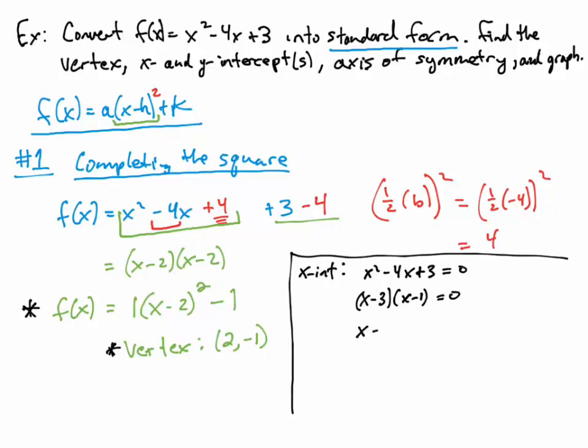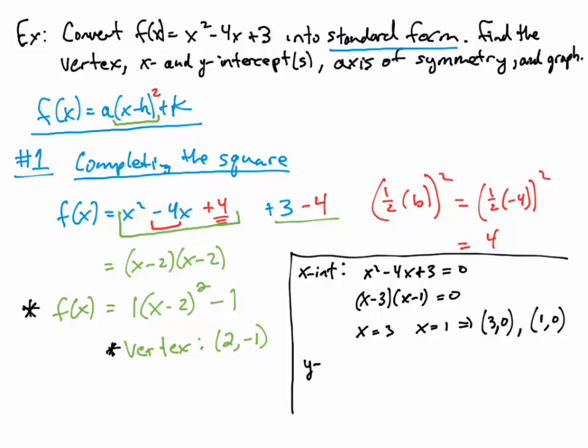X minus 3 is 0, so x is going to equal 3. X minus 1 is 0, so x is equal to 1. And it's important that we write any of our intercepts as ordered pairs, because the intercept is a point. So 3 comma 0 and 1 comma 0. Those are the values of the x-intercepts.